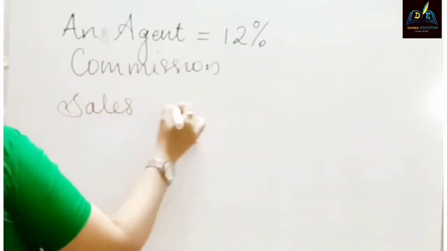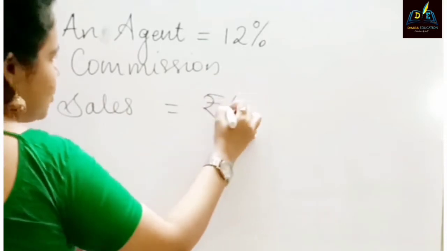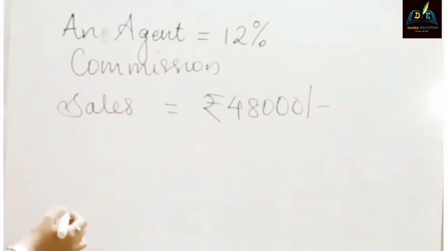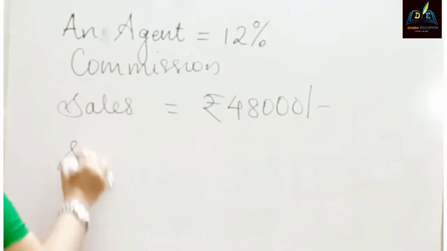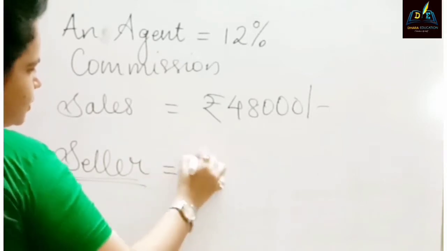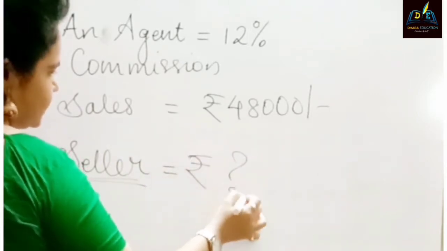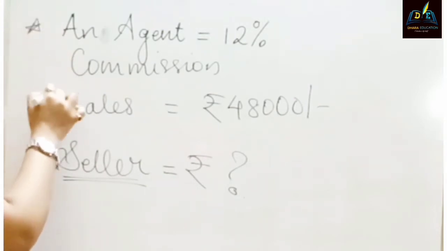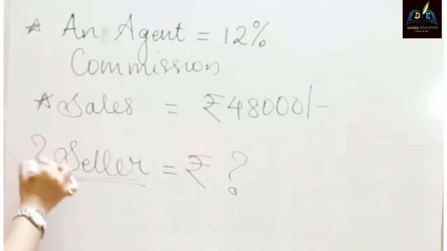The sales amount is rupees 48,000. At last, what will the seller get? So these two pieces of information are given and they are asking about this particular thing.